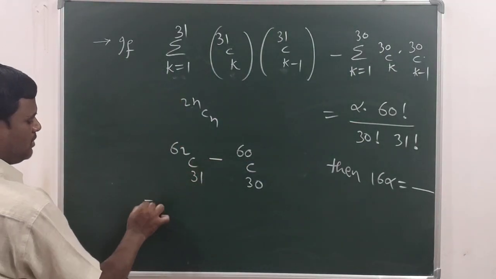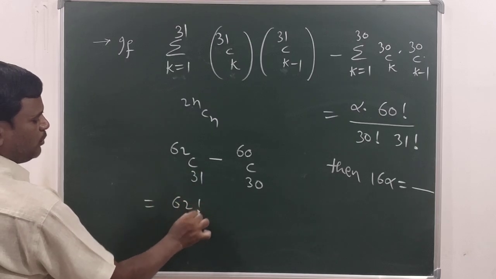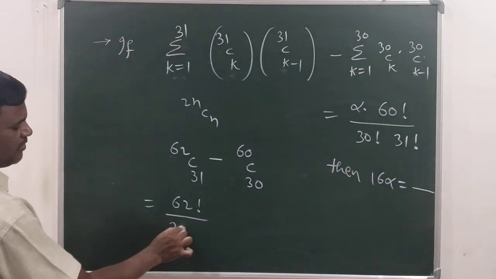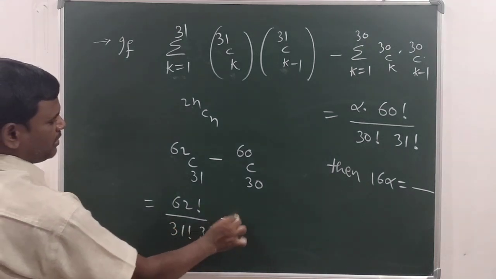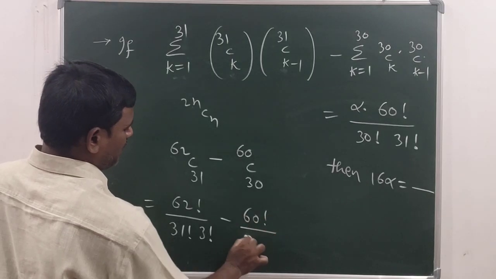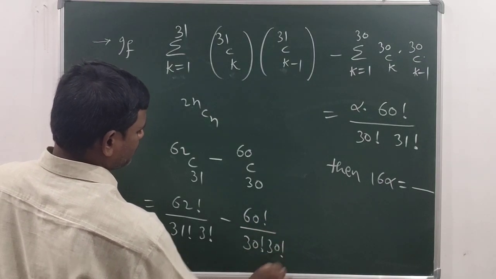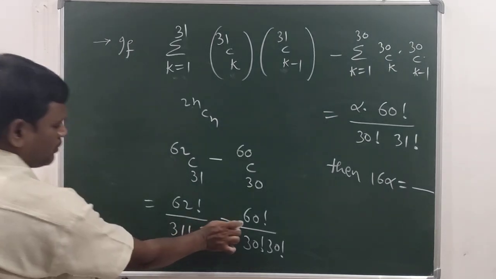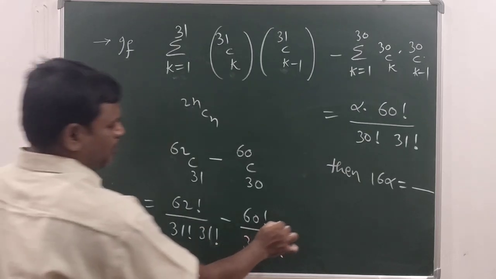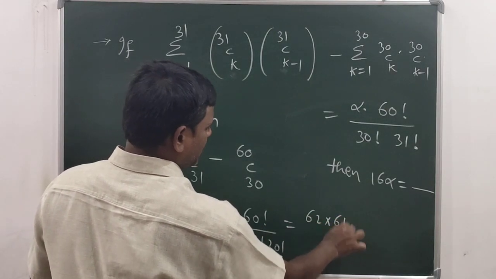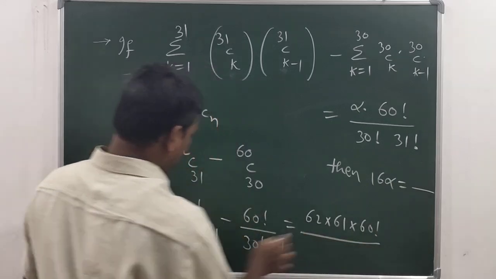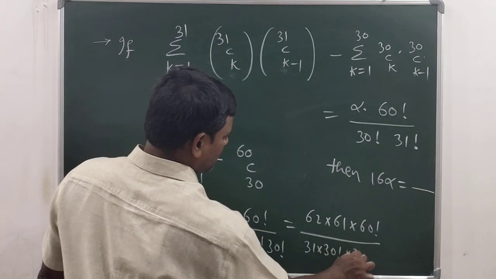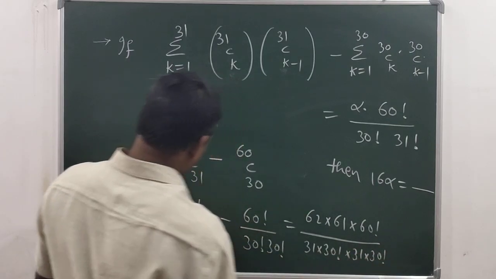So simplify this. What do you write? 62 factorial by (62 minus 31) factorial, that is 31 factorial into 31 factorial, minus 60 factorial by 30 factorial, 30 factorial. So from the numerator, what do you take outside? From both, numerator 62 into 61 into 60 factorial, and 31 factorial you can write as 31 into 30 factorial, and 31 into 30 factorial for the first one.